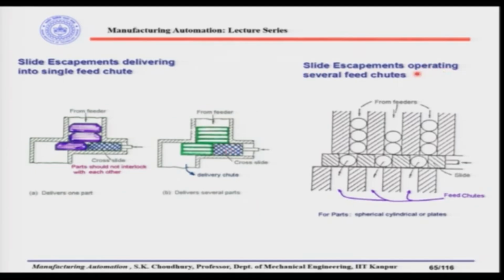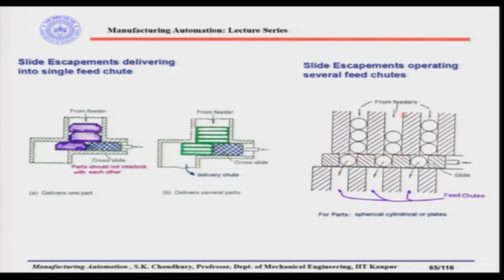Slide escapements operating several feed chutes. Look at this, from the feeders the parts are coming in this way, and here there is a slide which has grooves for the parts to be nested, and these grooves are made according to the size of the part, so that only one part can go into that groove.